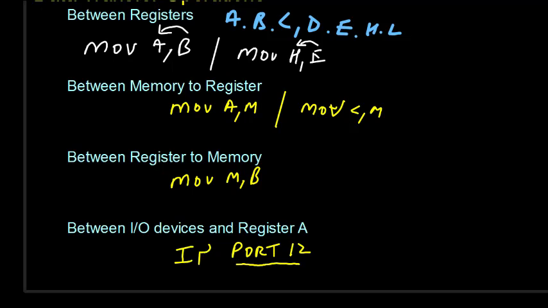Then if we write the instruction OUT port 11, this instruction transfers the contents of register A to port 11.